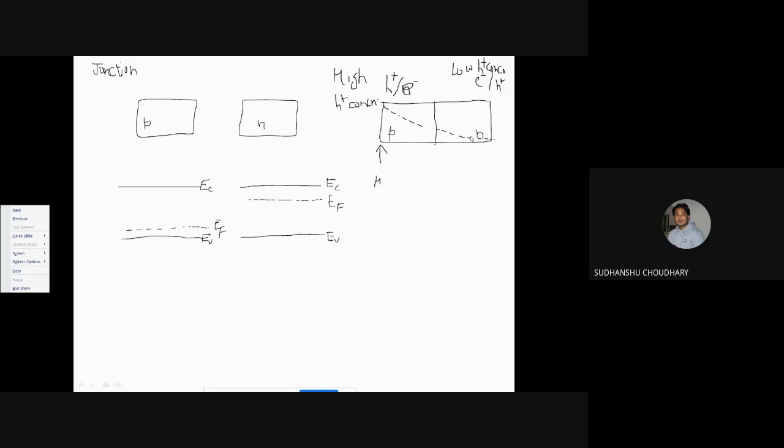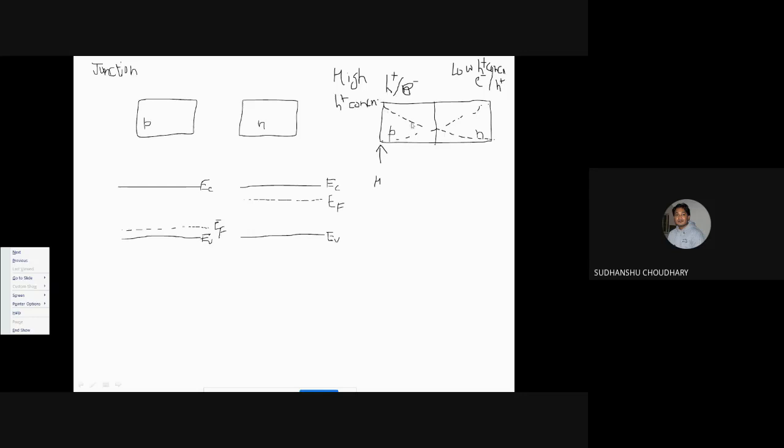Similarly, since n-type has majority carriers as electrons, obviously you will find more electrons in the N region than in the P region. So again I have a concentration gradient, this time of electrons from N to P. Electrons are more in the N type region and less in the P type region. That is, high concentration to low concentration of electrons.